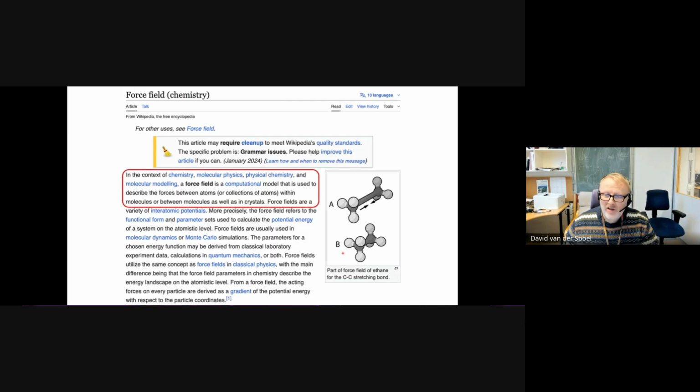As you see here in this ethane molecule, the bond can stretch and compact. To describe this, we need a mathematical function that models this bond stretching accurately.